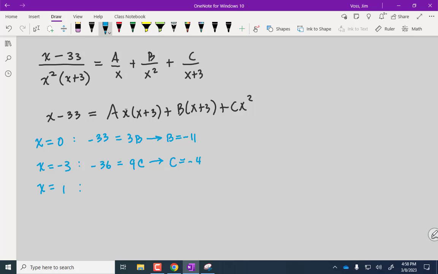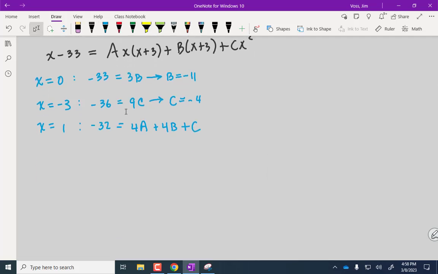Plugging in a 1 everywhere across the entire equation gives negative 32, and over here we're going to end up with 4a. Plugging in 1 there gives us 4b. Plugging in a 1 there gives us 1c. So now we're going to take the b and the c and plug those into that lower equation and solve for a.